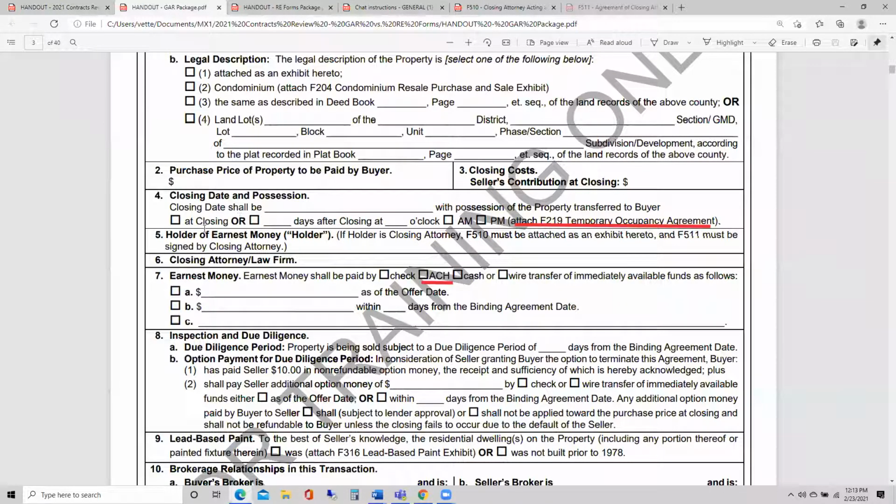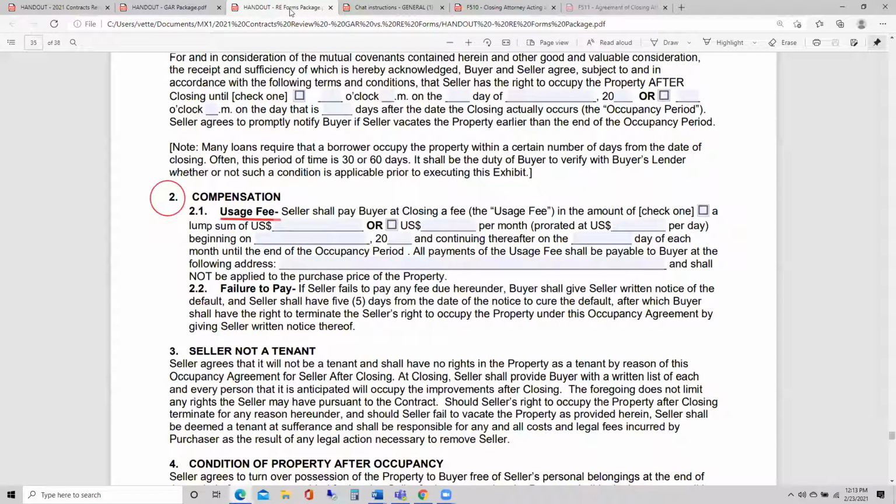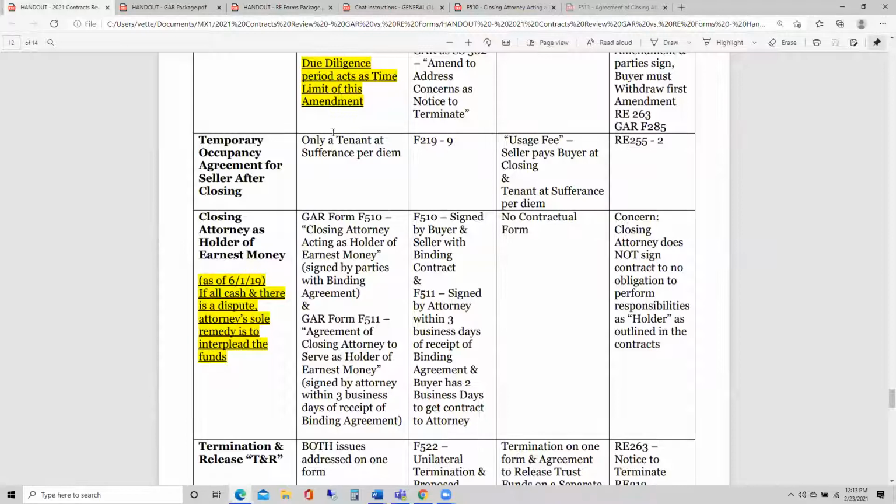If possession is not at closing, if it is going to be X number of days after closing, this is the GAR purchase and sale, it says you need to attach a temporary occupancy agreement describing what that occupancy is. It has the same verbiage in the RE Forms contract package, where it talks about possession being after closing.